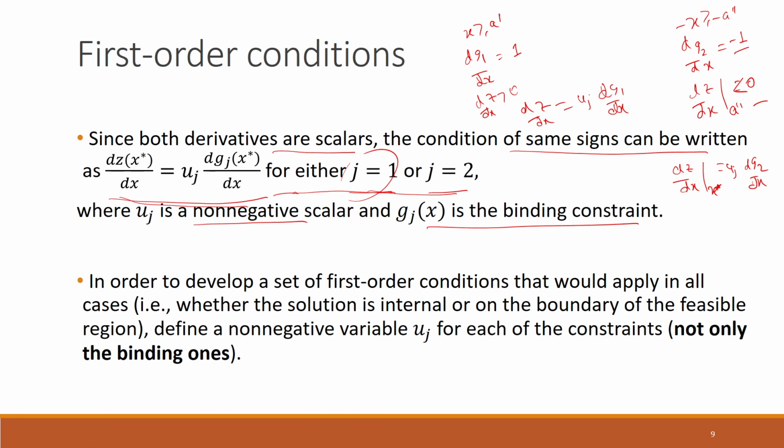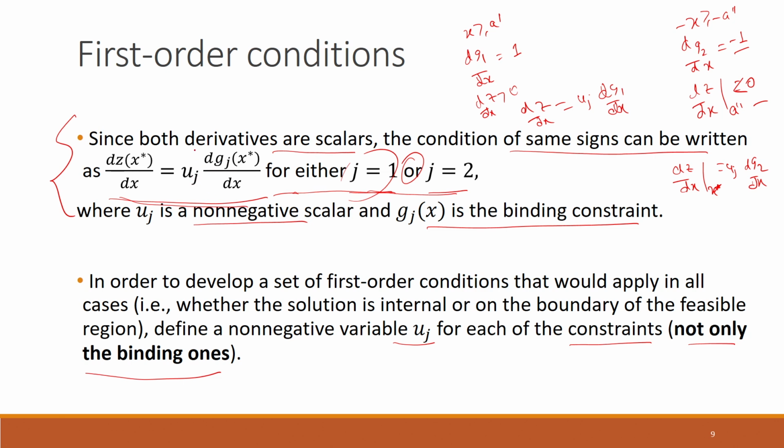So in order to have a single condition that can represent all of these things, rather than having these kinds of expressions where an OR holds, let us define a non-negative variable uj for each of these constraints, okay, and this will not just be restricted to the binding ones here. So in this case here either j equal to 1 will hold or j equal to 2 will hold.